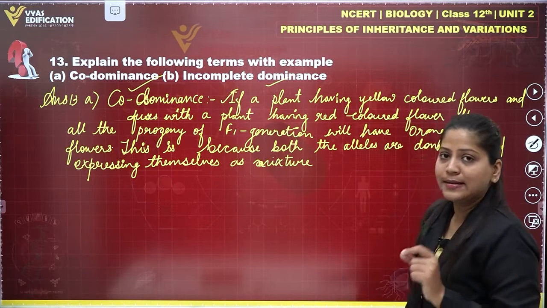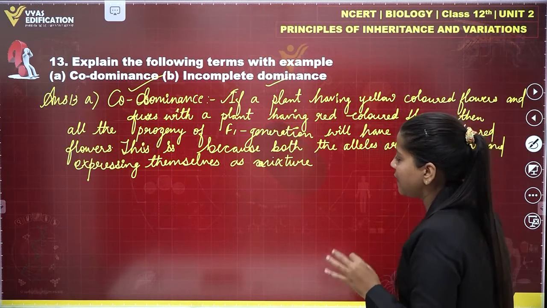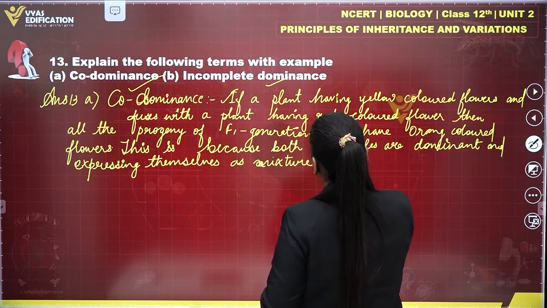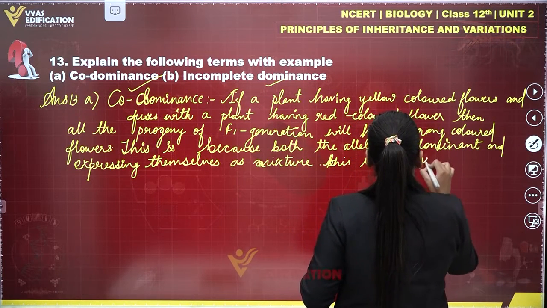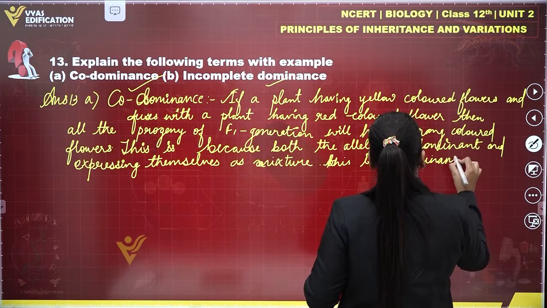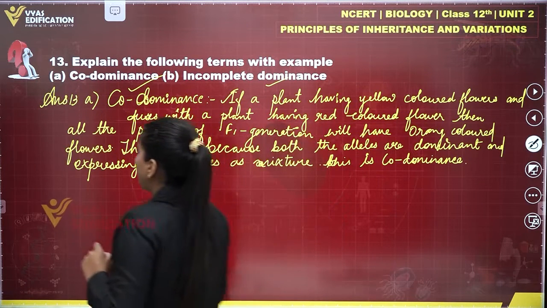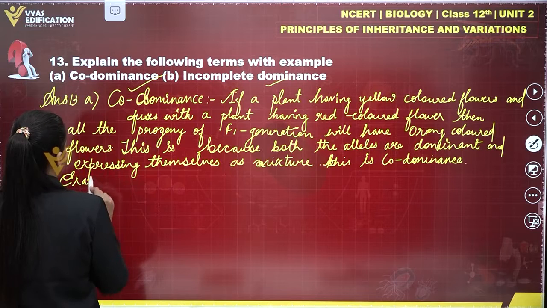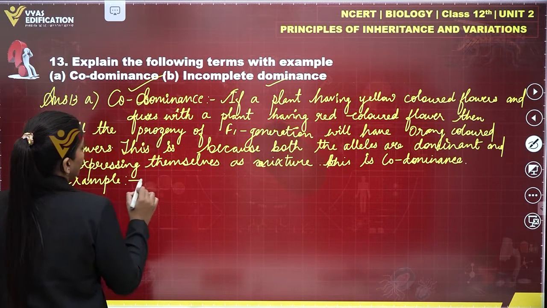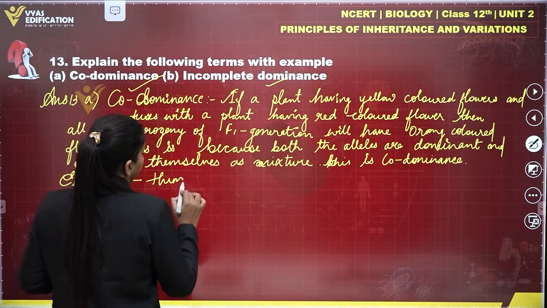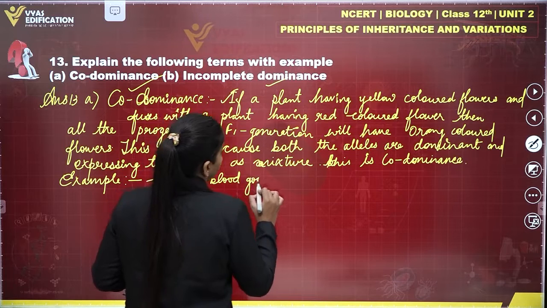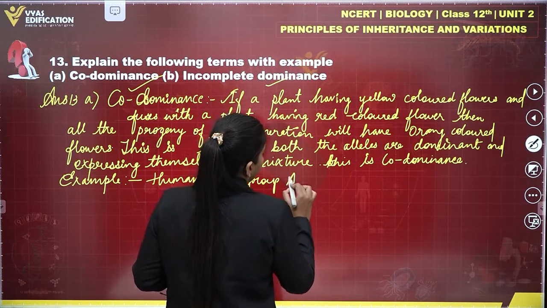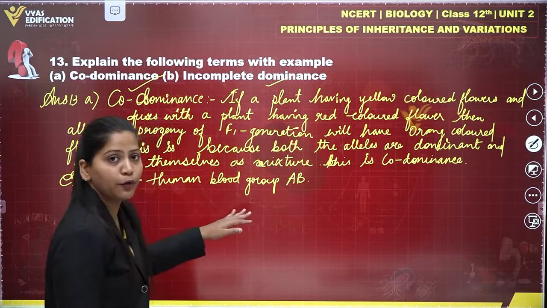So this is codominance. If we talk about an example, the example of codominance is the human blood group AB.